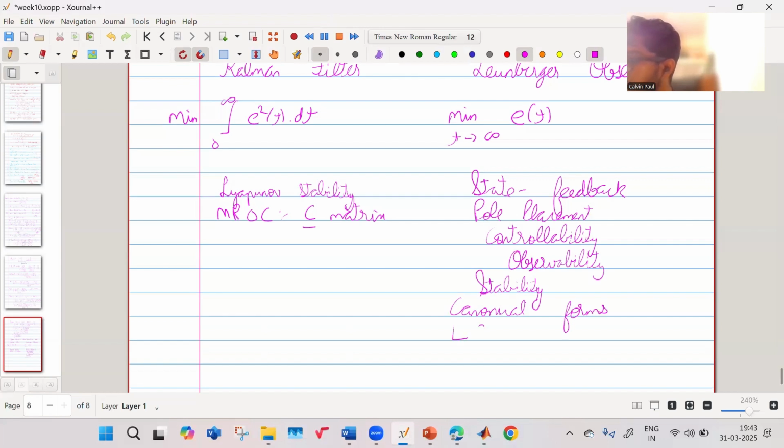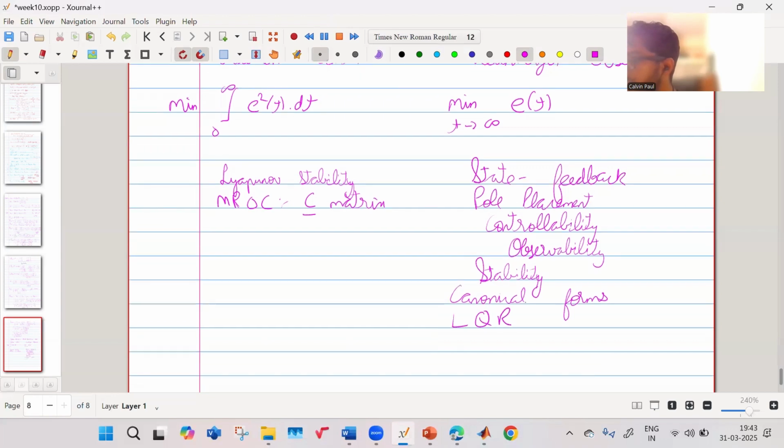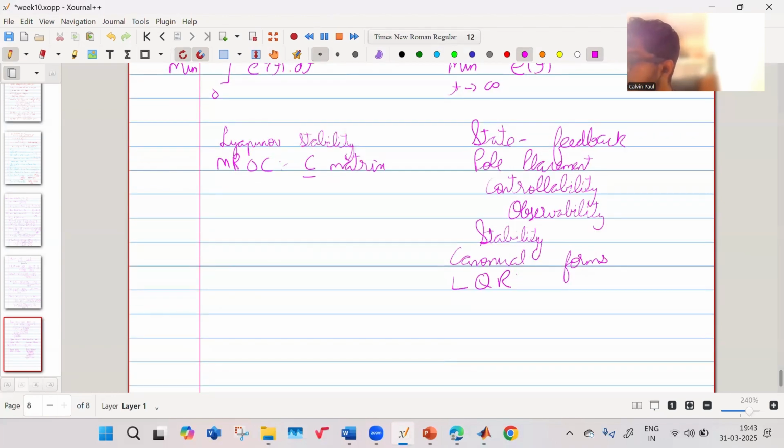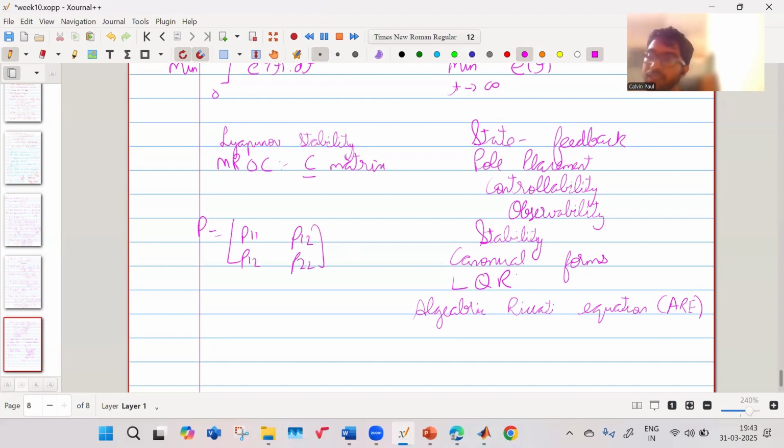LQR, linear quadratic regulator. Yes, algebraic Riccati equation. This you should solve on your own. You should take an example sum, an ARE, and solve it. Because you know there's a P matrix, no? P11, P12, P12, P22. And the problem is when you solve it, you have multiple solutions. You will not know which solution you must consider, which solution you must discard. Like in our sum, we assume P12 is equal to square root of alpha. What if I were told to assume P12 to be equal to minus square root of alpha?